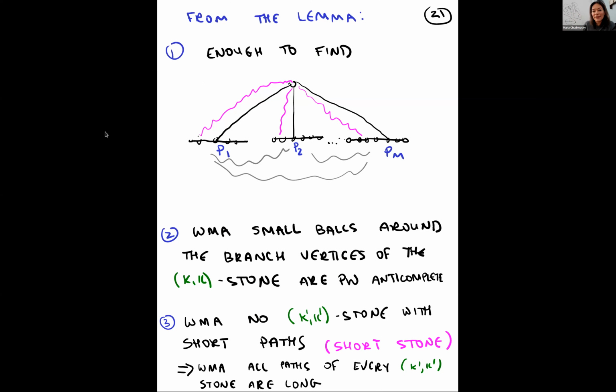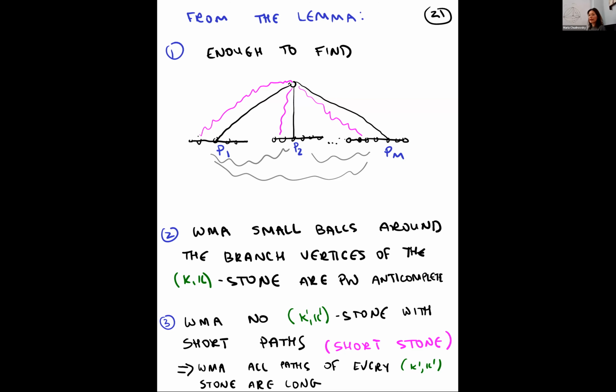Then the next application of this lemma: remember, we can assume there's a huge K_k subdivision, and another application of this lemma allows you to arrange that in a K_k subdivision. I'm just going to draw a picture of a K_k subdivision so you can point at it. Here is a K_3,4 subdivision.